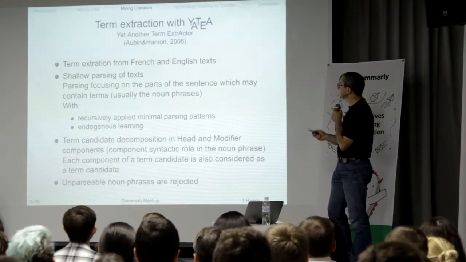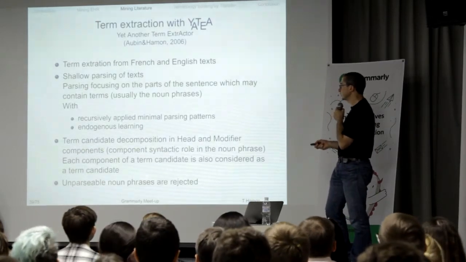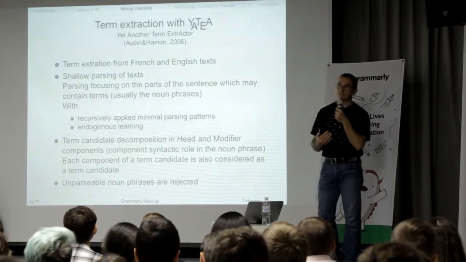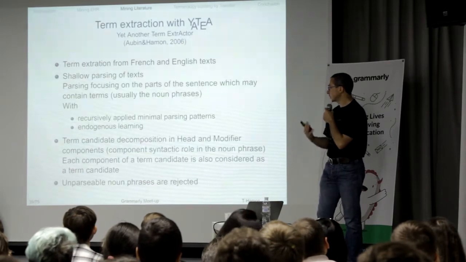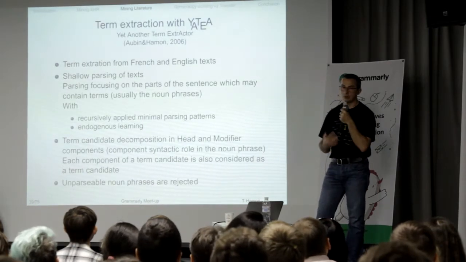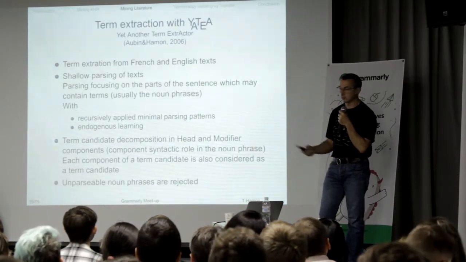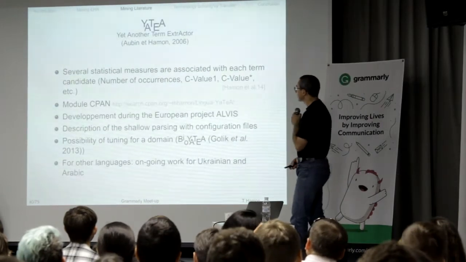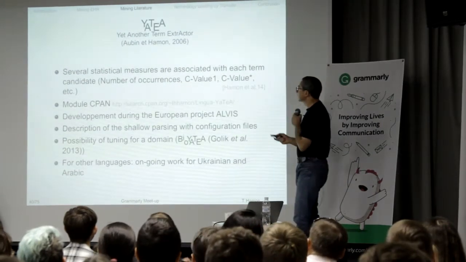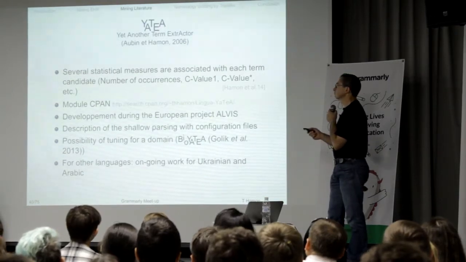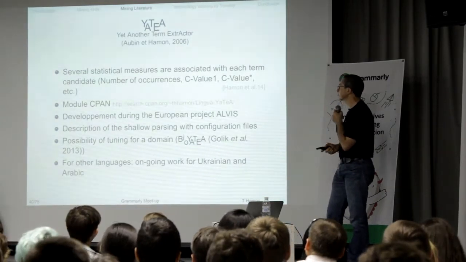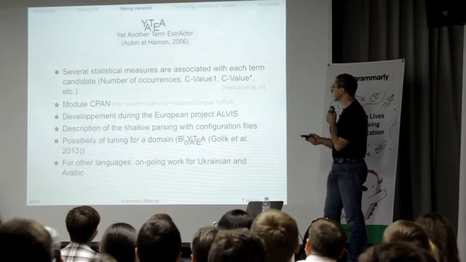What is interesting with the term extractor is that we try to parse the noun phrase, and if we don't manage to parse the noun phrase, we remove it. We also add some statistical measures, classical ones: number of occurrences, C-value, and so on.